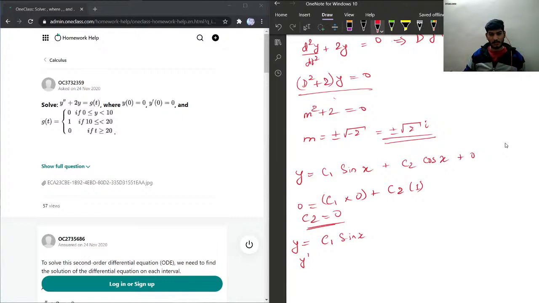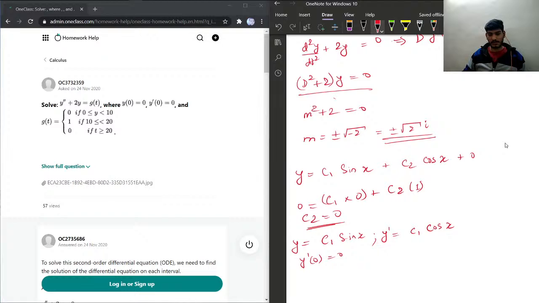Now I'll put y prime of 0 is 0, so I'll just take the differential. I'll take y prime, this will be c1, and the derivative of sine will be cosine.